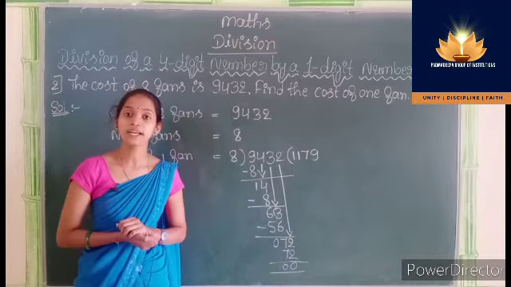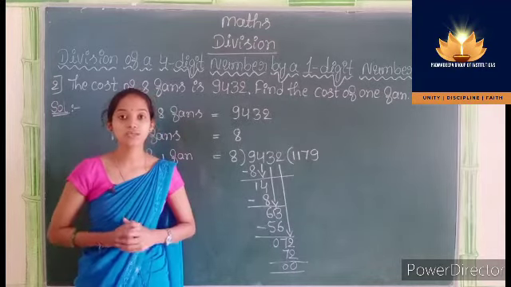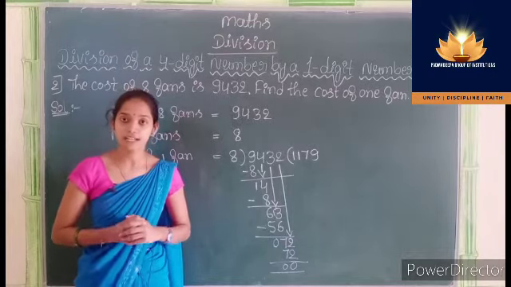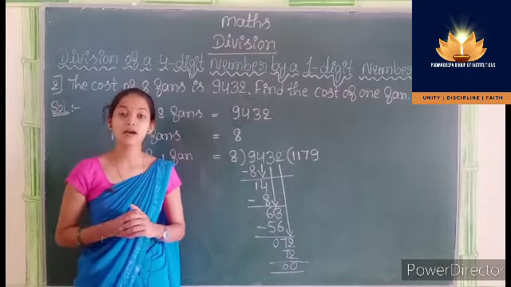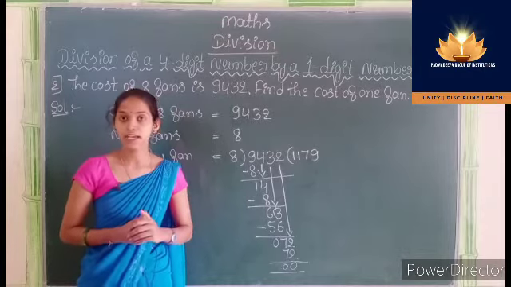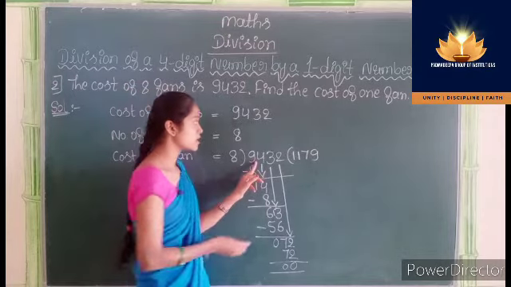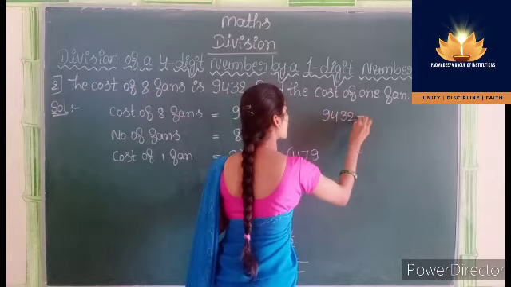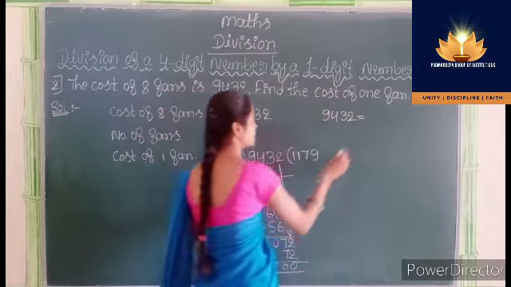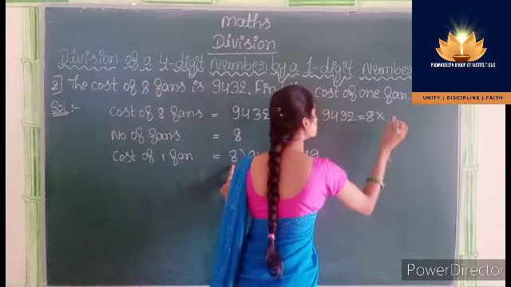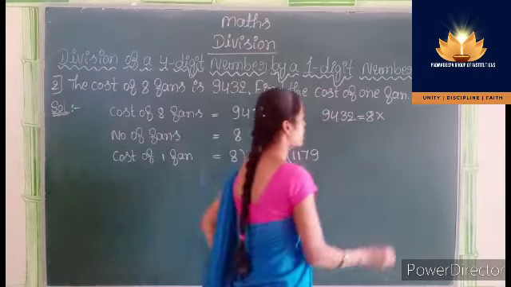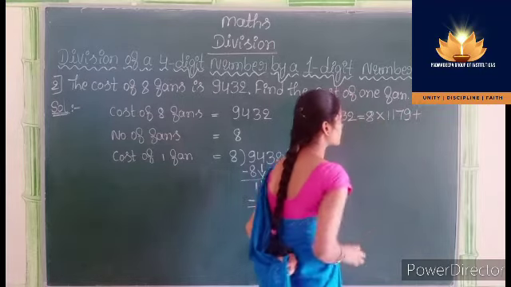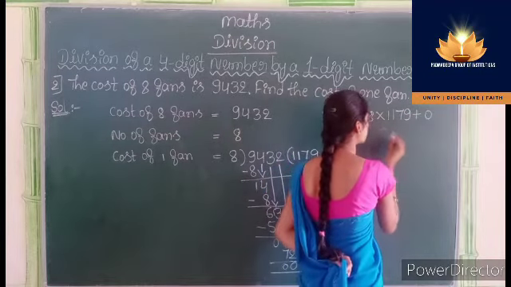1179. So let us verify the division using the relation, that is dividend is equal to divisor into quotient plus remainder. Here the dividend is 9432 and the divisor is 8 into quotient, that is 1179 plus remainder, that is 0.